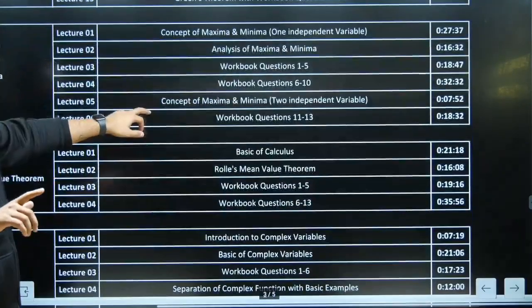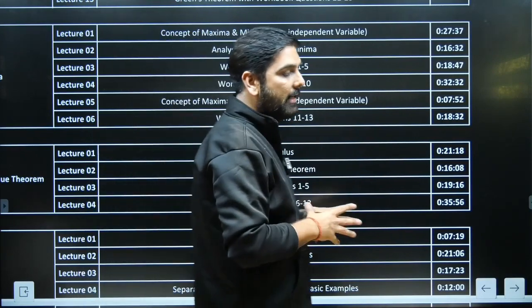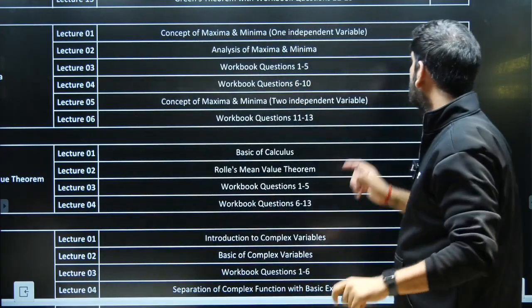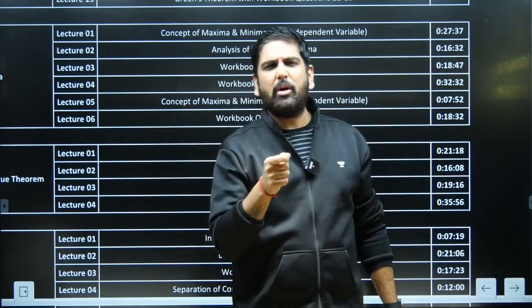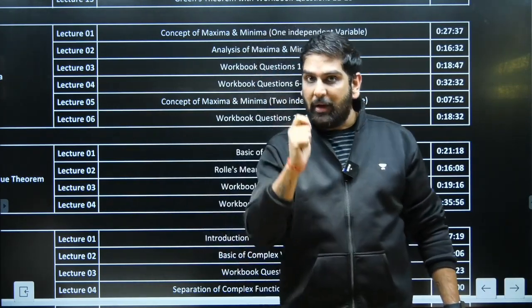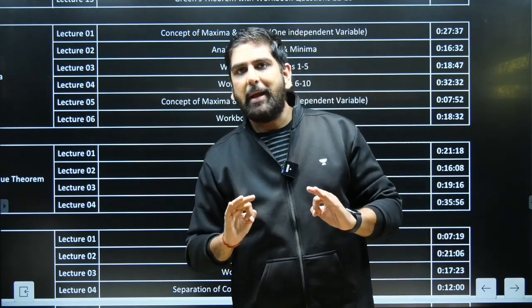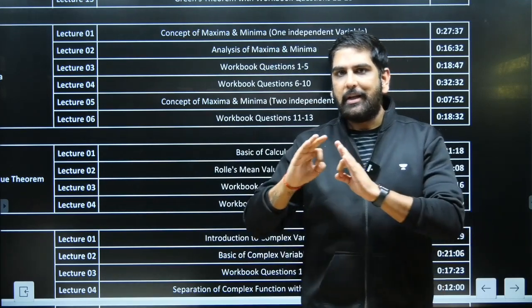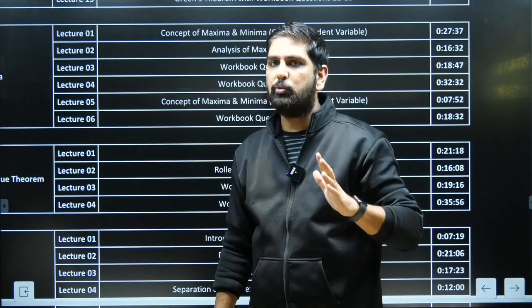Then we are having lecture chapter number 5, that is the concept of maxima and minima. I have defined all these lectures in very short durations. In very small lectures you can get the concept, then you have to practice the questions on your own, and you will definitely be able to solve the complete mathematics in our GATE examination, and you will definitely get 13 out of 13, my dear students.